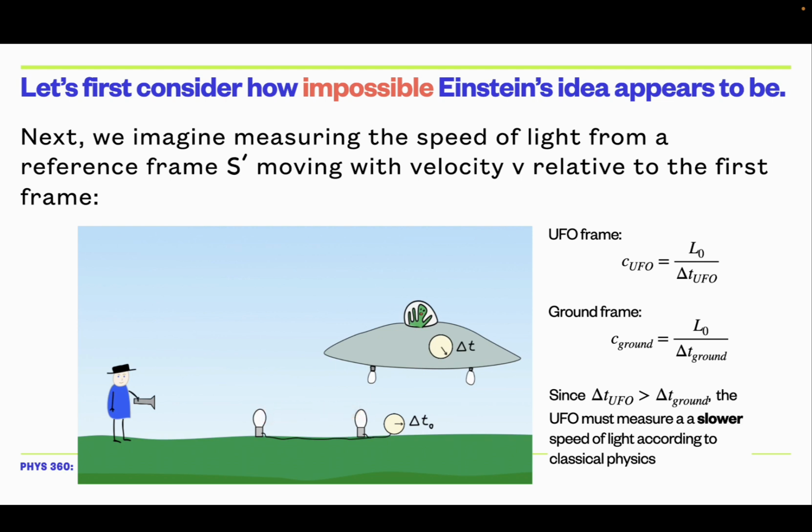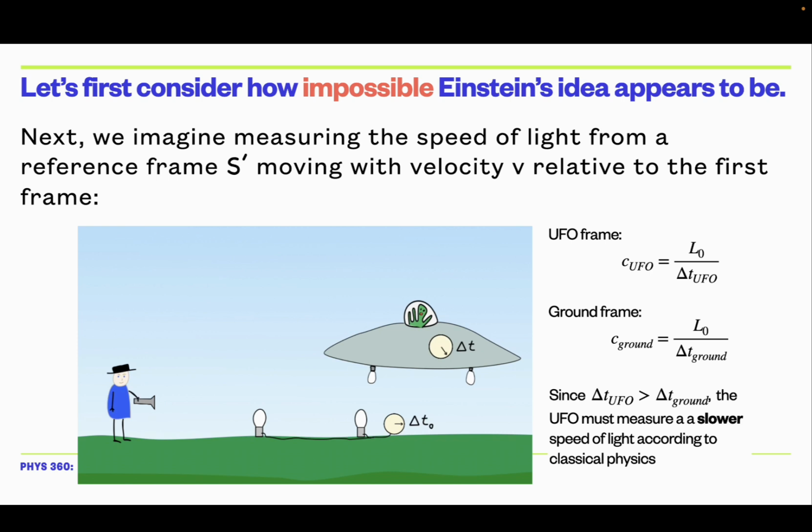So L0 is going to be the same in both cases, but it took much longer for the light beam to go from that first detector to the second one in the alien's frame of reference. That's because the UFO is actually moving away from the light, and it takes a while for the light to catch up to that second detector.